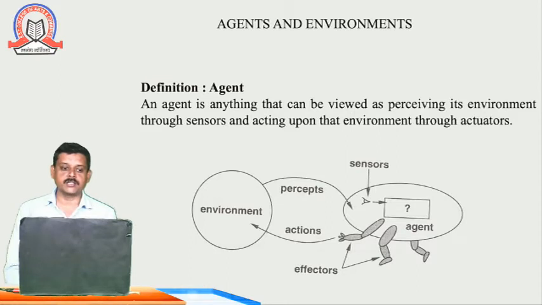As you can see in the diagram, we have one agent which is getting information about an environment with percepts through its sensors and it is doing actions through its actuators.